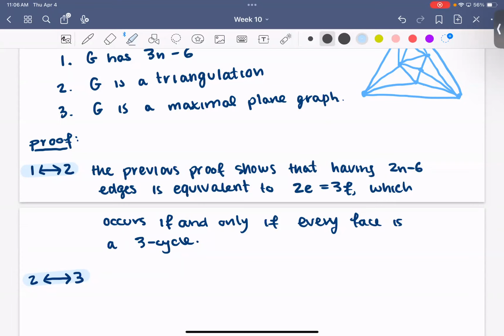Okay, does someone have an argument for why 2 and 3 are equivalent? Yeah, well, it's maybe too simple, but if 2 is equivalent to 1, if you add an edge, then it no longer satisfies the equality, or the inequality, E of G is less than or equal to 3n minus 6, so you add an edge and it breaks.